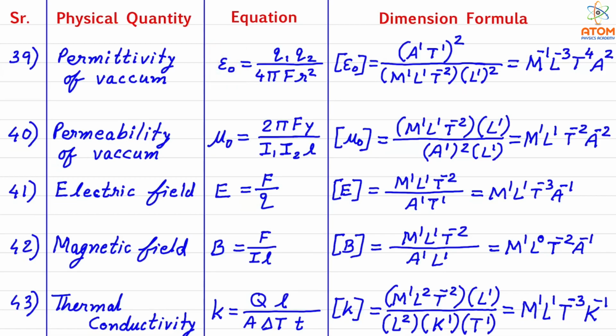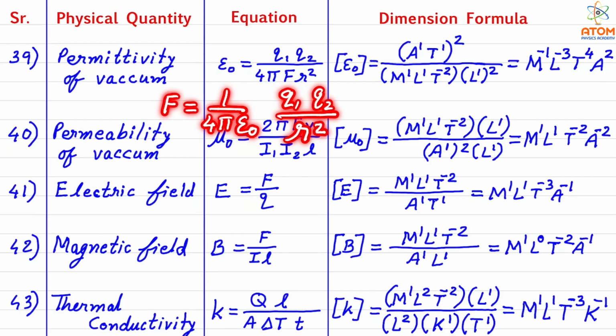Now the equation of force between two charges is given by F is equal to 1 upon 4 pi epsilon 0 Q1 Q2 upon R square. I repeat, this is the force between two charges. You know that if you put two charges close to each other, then they will repel if they are the same, and they will attract if they are opposite.